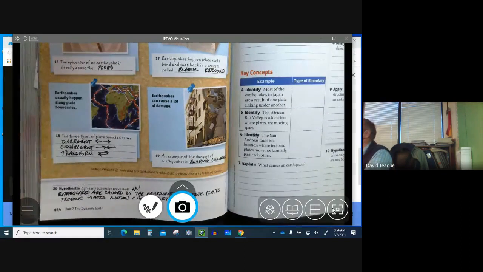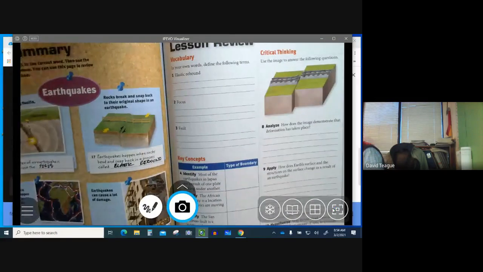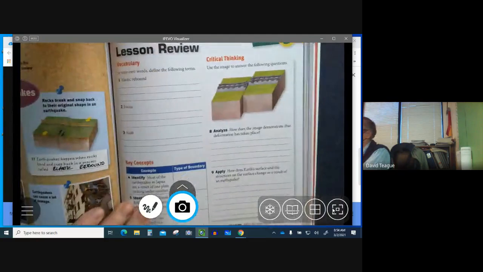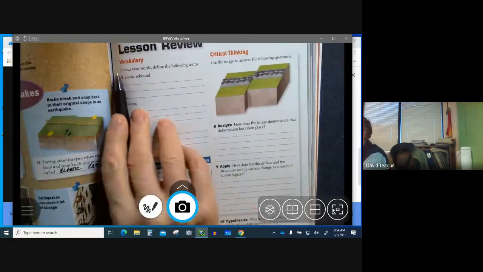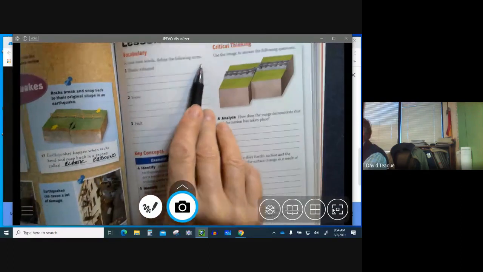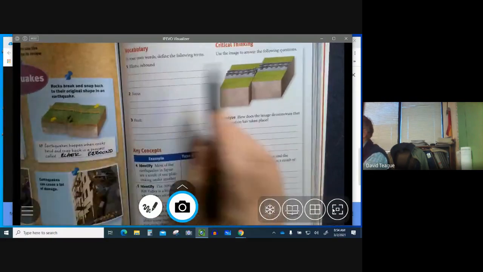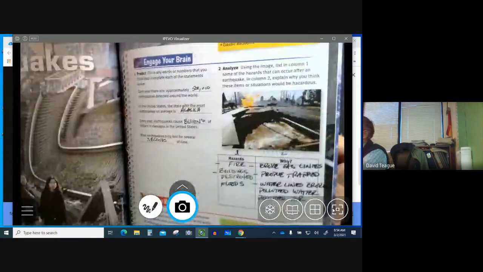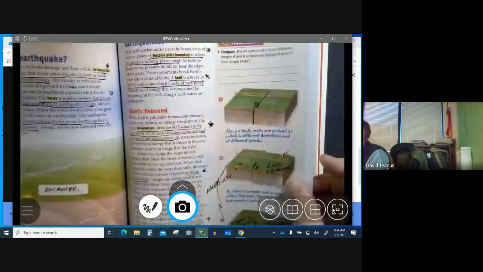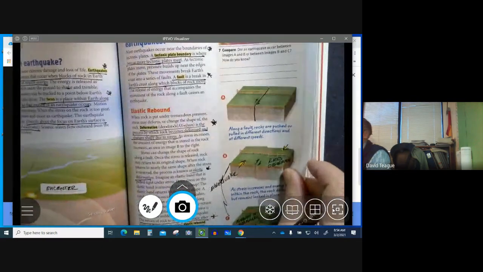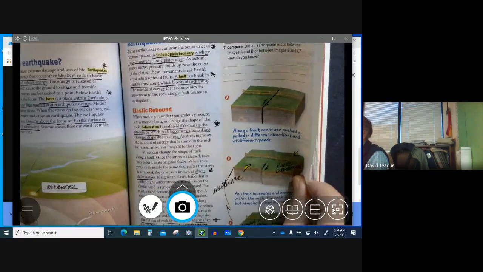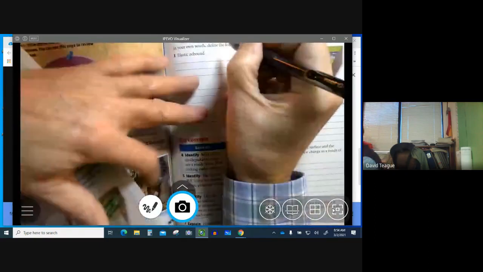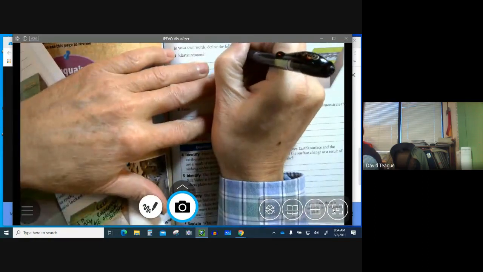Okay, so the next page is actually our quiz. Looking at your book, the first section is vocabulary: in your own words, define the following terms. We're talking about elastic rebound, and if you're not sure what that is, it's at the bottom of page 439.